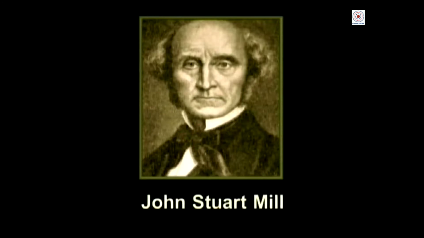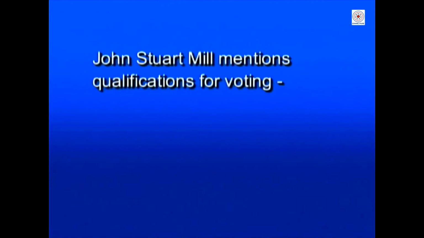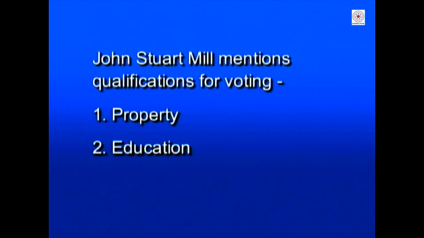And here we come to John Stuart Mill, who in fact talks about qualification for voting as well. So, the voters must also fulfill certain qualifications, only then will they be provided the right to vote. And the two qualifications he speaks about are property and education. Everybody must get a single vote, but the educated must have 2 votes.